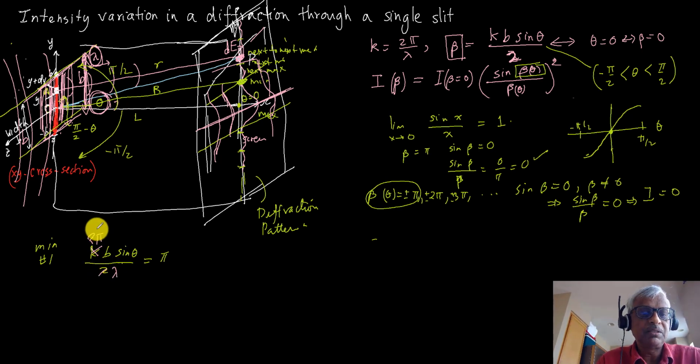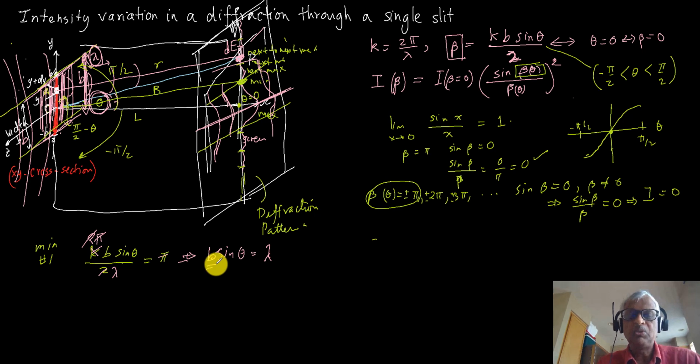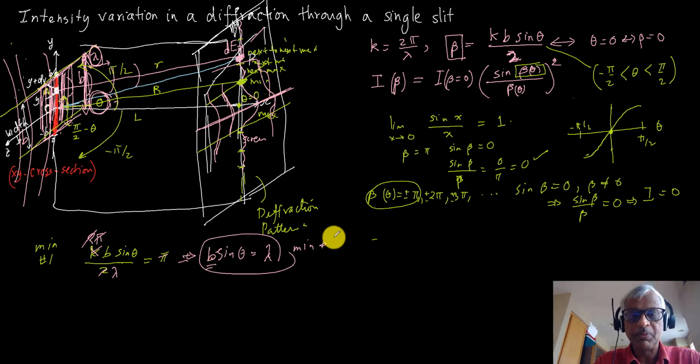So the 2 cancels 2, pi cancels pi, and it says b times sine theta equals lambda. In a previous video, we used the symbol d for the width, right now I'm using b. So this is the answer where minimum number 1 will be.